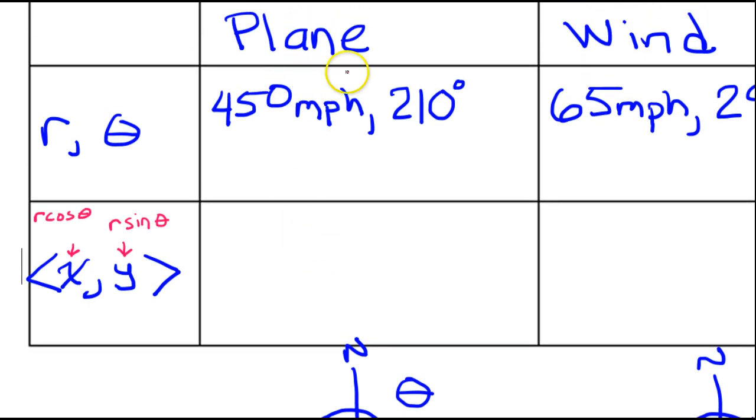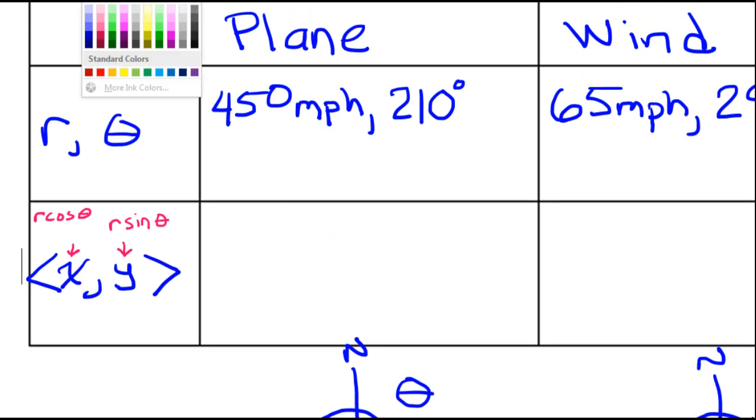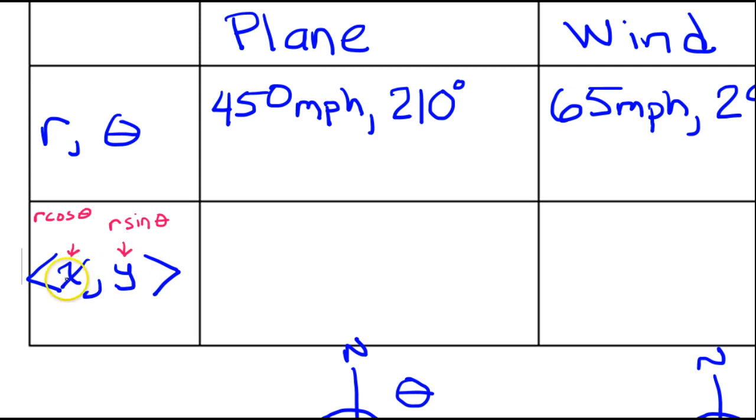Okay, so looking at the plane velocity, we can find the horizontal component by doing 450 cosine 210. All right, that's r cosine theta. And the vertical component will be 450 sine 210. And we can just use a calculator to evaluate this.